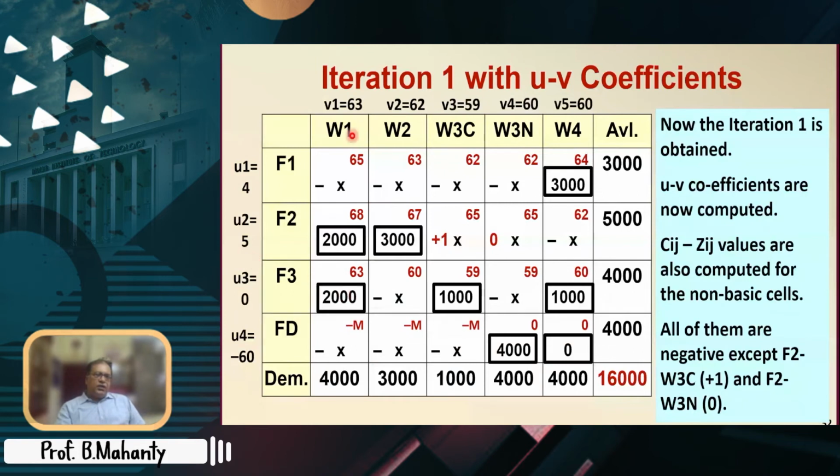That would give this 63, because this is 63. That 63 would give a 5 here because of this 68. Now this 5 would give a 62 here because this is 67. That 0 would give a 59 here, and that 0 would give a 60 here. This 60 would give a 4 here.